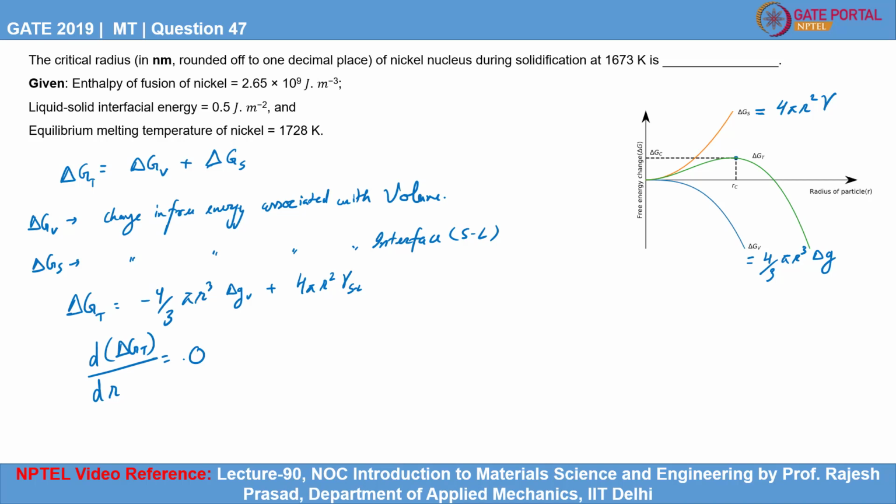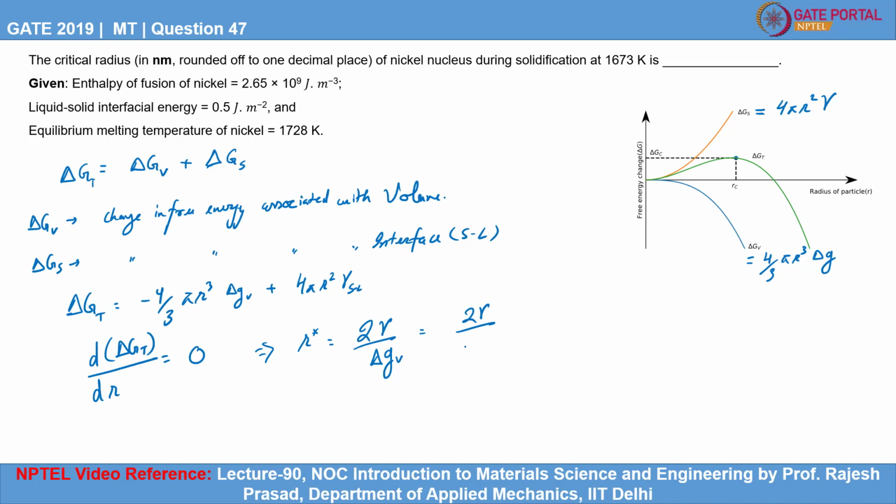Okay, and upon differentiating the equation with respect to r, we get the value of r star as 2 sigma by delta G.